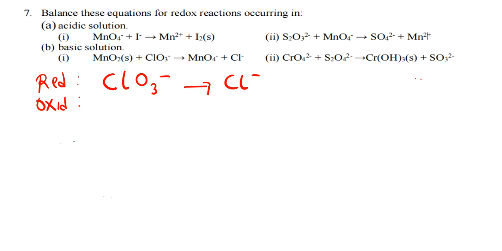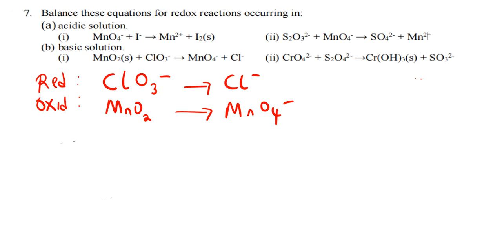Then we come to the oxidation half. The other one will be the oxidation half, right? So I'm going to have manganese oxide plus, what? It's giving us manganese, minus. This is what we have.